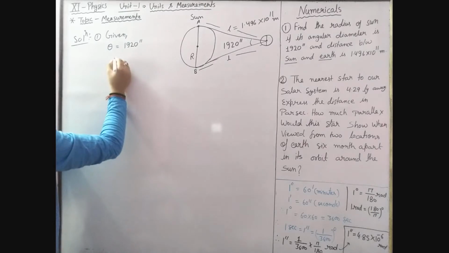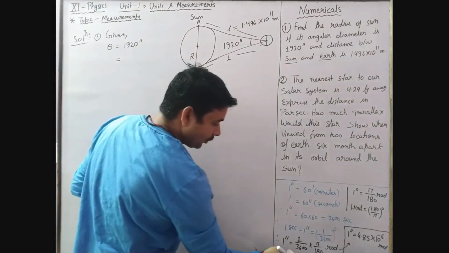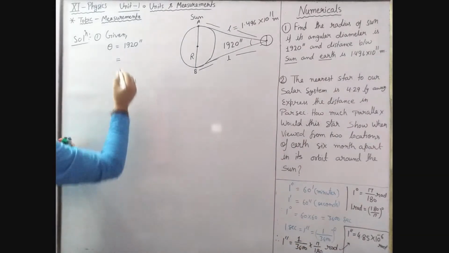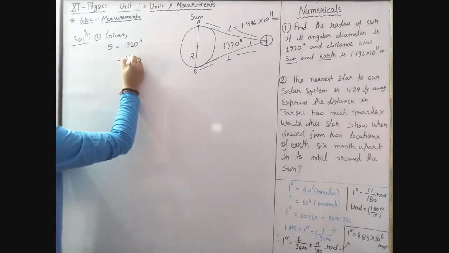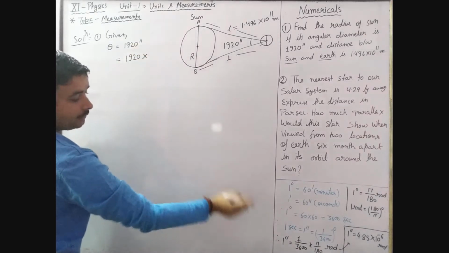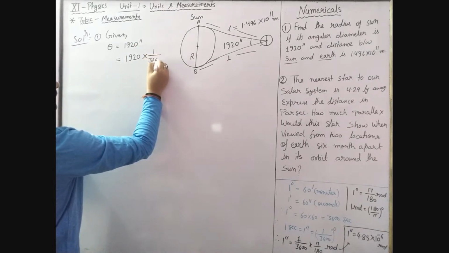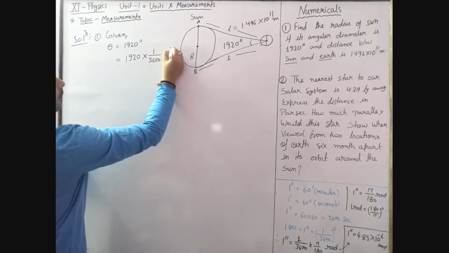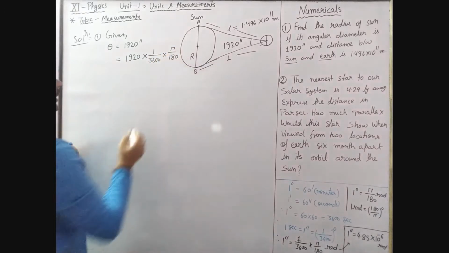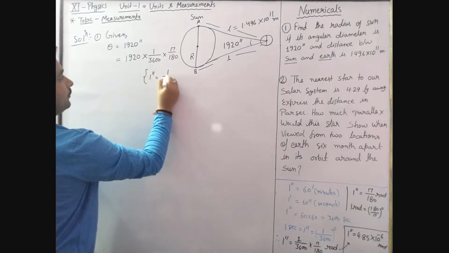First we convert it into radian. For converting into radian, in place of second we use pi by 180 into 3600.